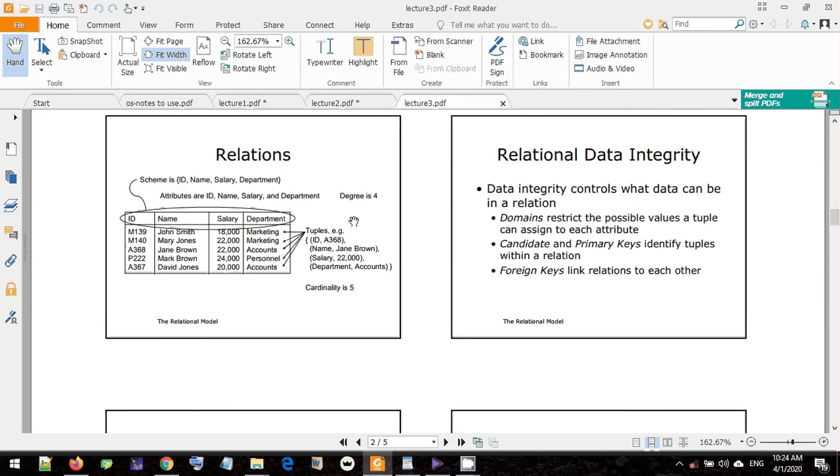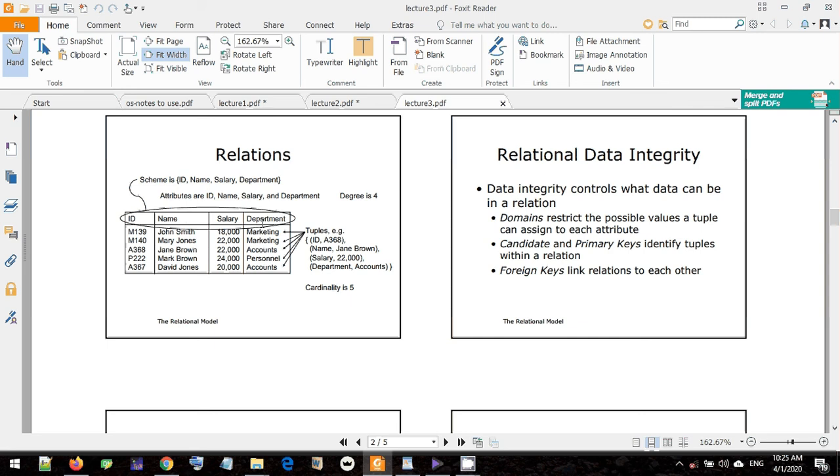For example, take a look at this relation. The very first row is the scheme, and it describes the contents of each of the columns. We could also write the scheme as ID, name, salary, department. The attributes are the elements present in the scheme. So we have attributes ID, name, salary, and department.